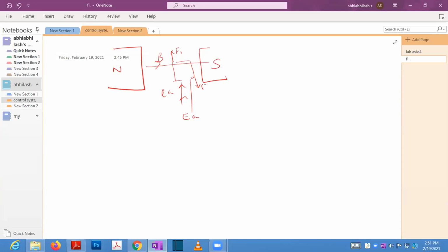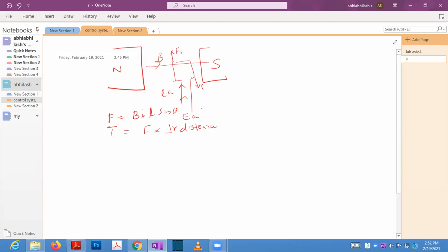For a current carrying conductor placed in a magnetic field, the force acting is equal to B into I into L into sine of the angle. And this couple will create a torque, equal to force into perpendicular distance.